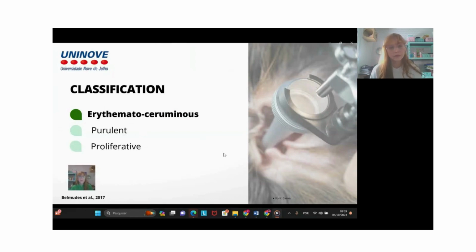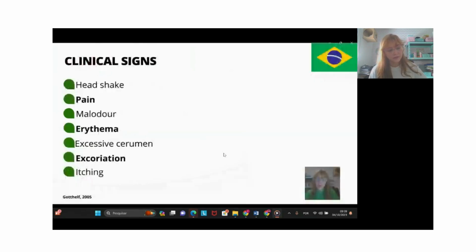And proliferative type, characterized by signs of fibrosis, hyperplasia, and stenosis. The most common clinical signs include headache, pain, malodor, erythema, excessive ceruming, excoriation, and itching.